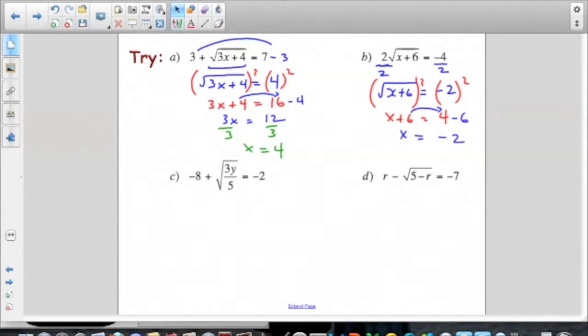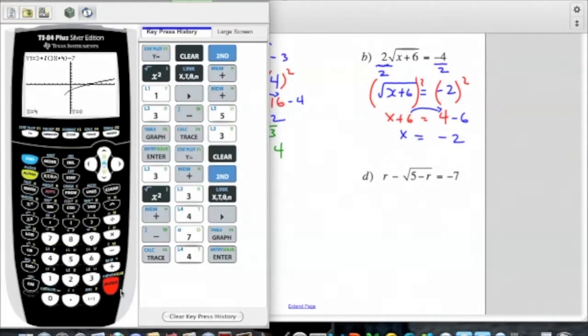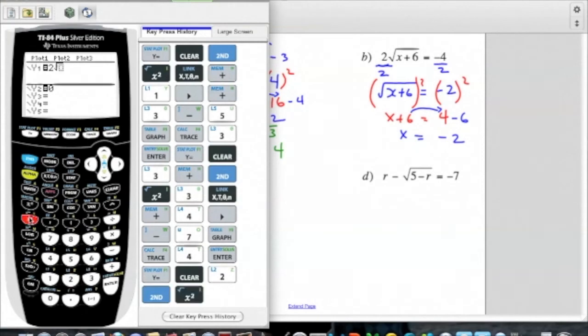All right, so let's go to our calculator and just run a check to make sure that is a solution or not. So we go to our y equals, we clear what was in there, and we type in a new equation. 2 square root x plus 6.